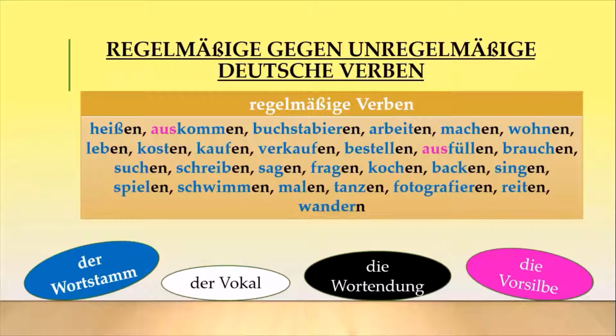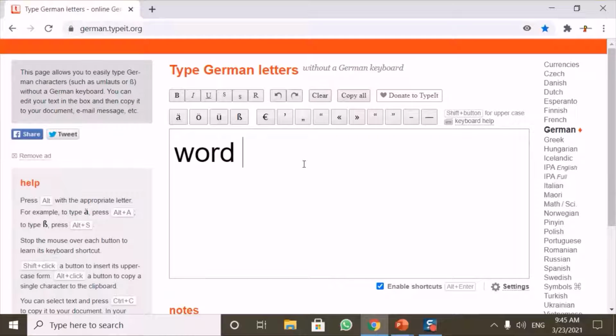verbs. Now, in German, any verb is made up of the word stem, and the stem, you might have heard, is the central part of a tree, or the bark that we sometimes call.